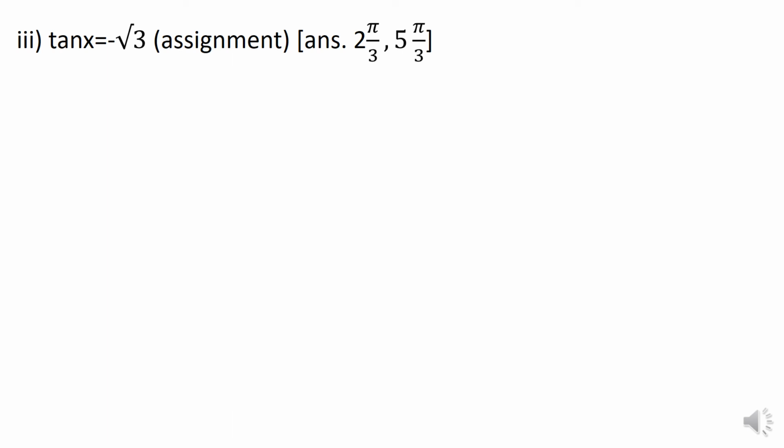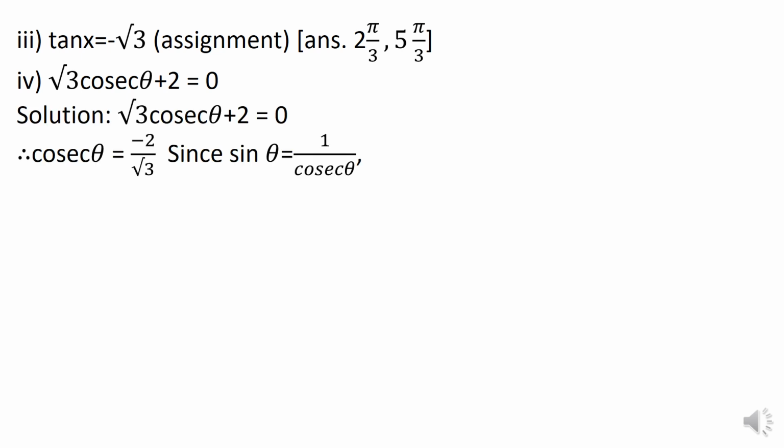The next sum, you can do it as an assignment and check your answers. You can always message me if you are getting a different answer. The next sum, root 3 cosec theta plus 2 is equal to 0. We can solve it like this: cosec theta is equal to minus 2 upon root 3. Convert cosec theta into sin theta by taking the reciprocal of cosec.